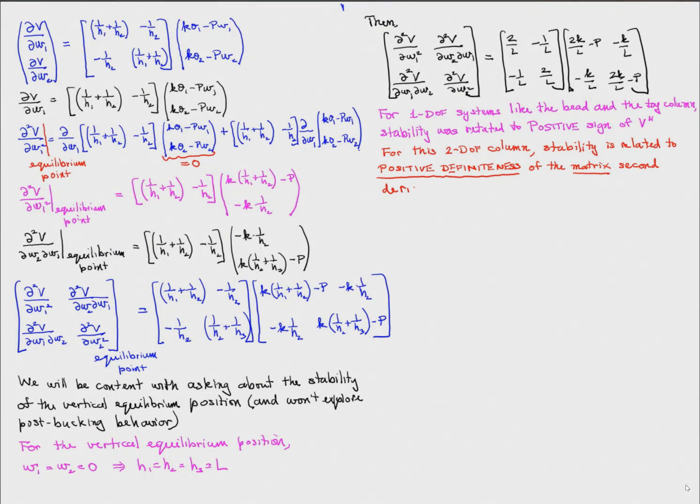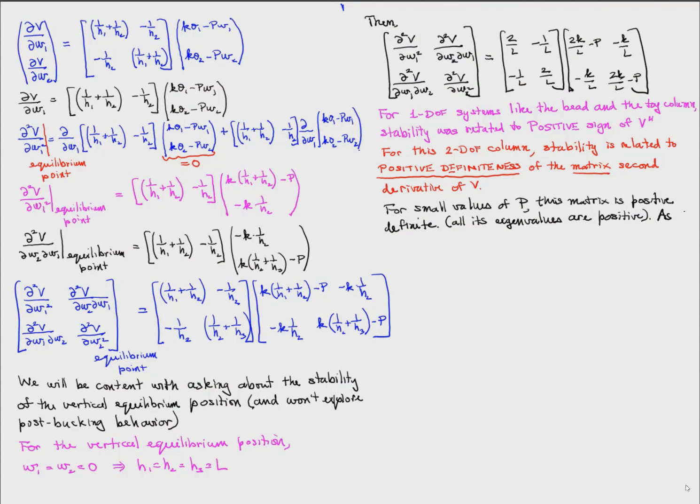Now, if we look at that second derivative matrix, for small values of the load P, for example, if P is equal to 0, it's easy to see that that matrix is positive definite. So for small values of P, that matrix is positive definite, and both of its eigenvalues are positive.